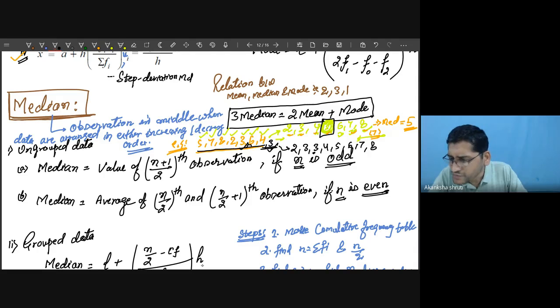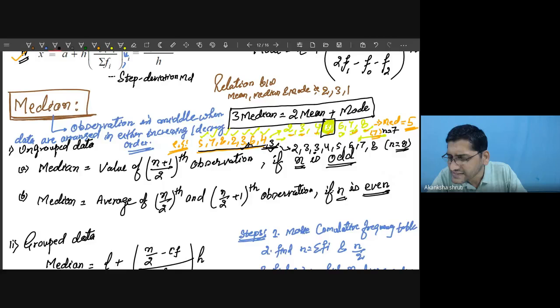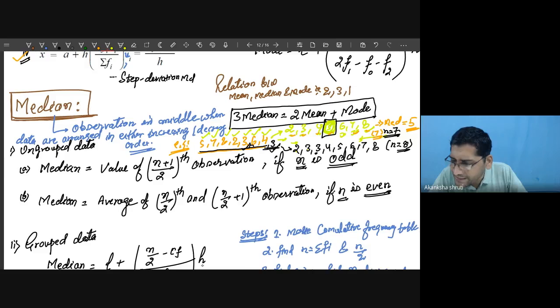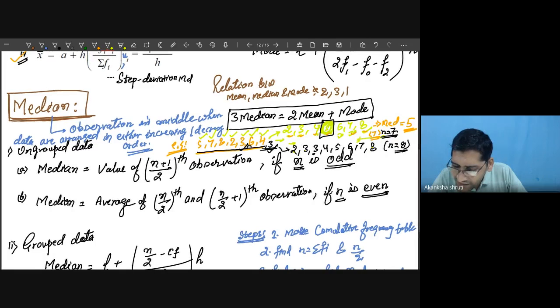In this case, you are observing that the total number of observations is 8. But in the earlier case, the number of observations was 7. In this case, if we start from the left end, say from the 2 we are starting, 1, 2, 3, 4, 5, 6, 7, 8 data are there. So the data at the center will be 1, 2, 3, 4.